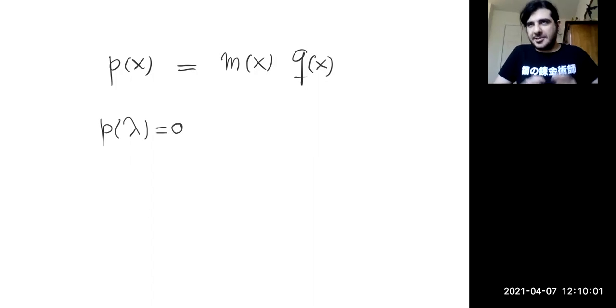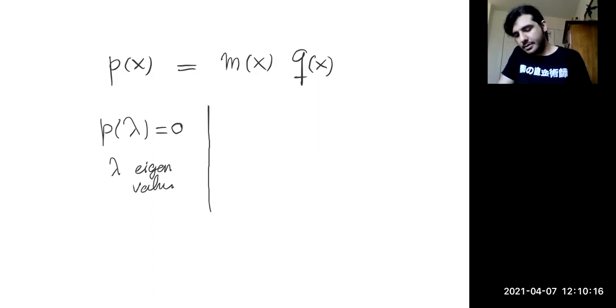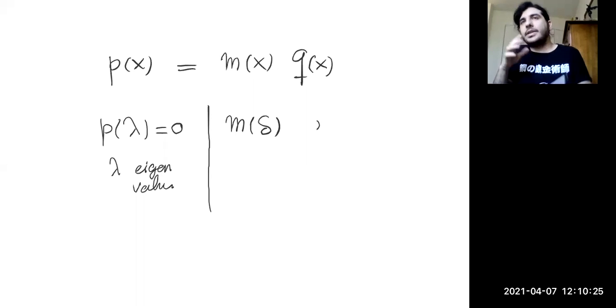It means it's an eigenvalue, right? Okay. Now let's consider the other way around. Let's consider I have a root of m. So suppose I found some number, let's say delta, such that m of delta is 0.